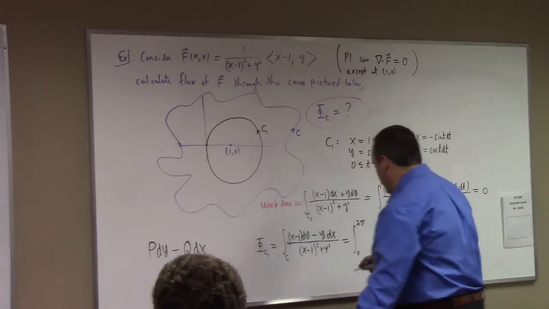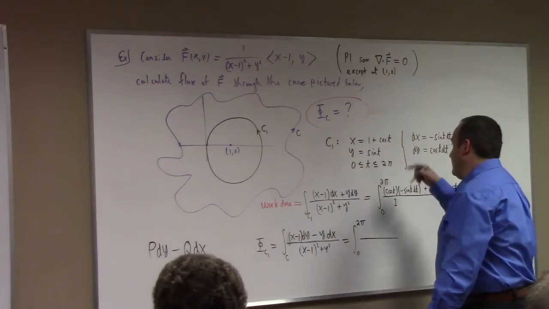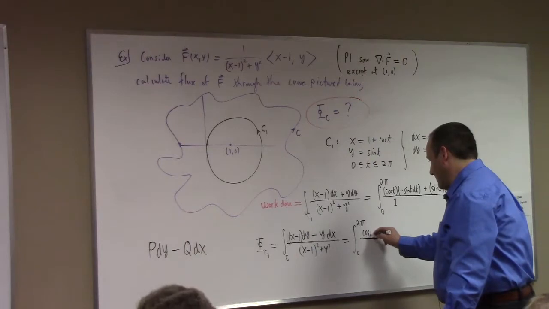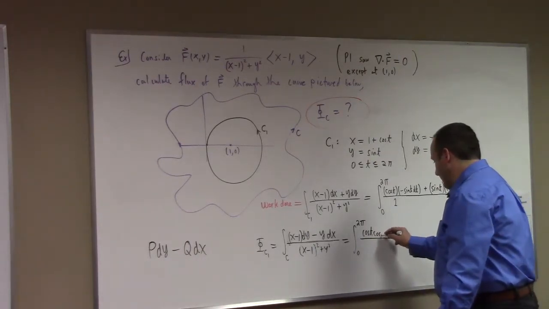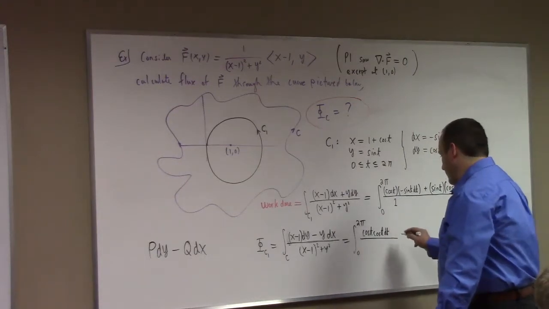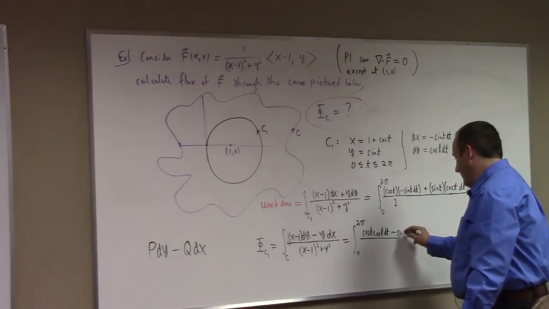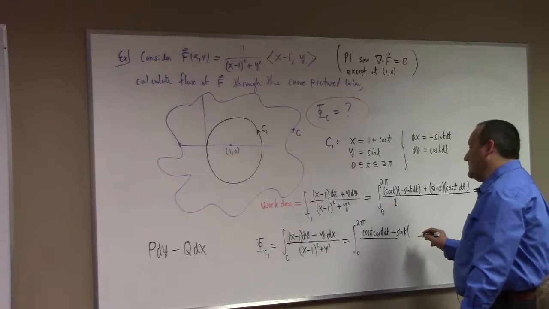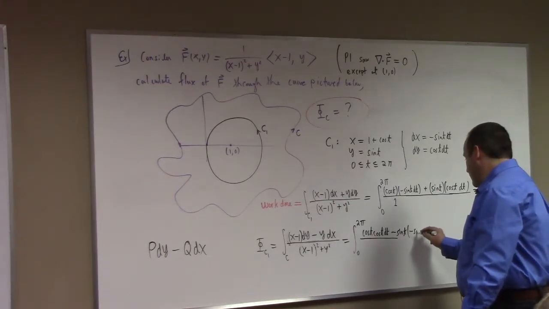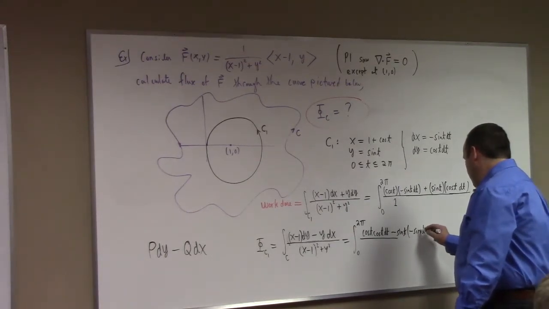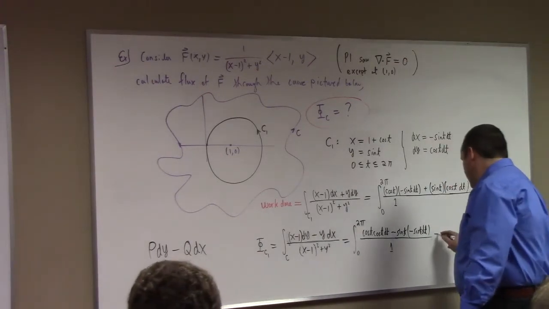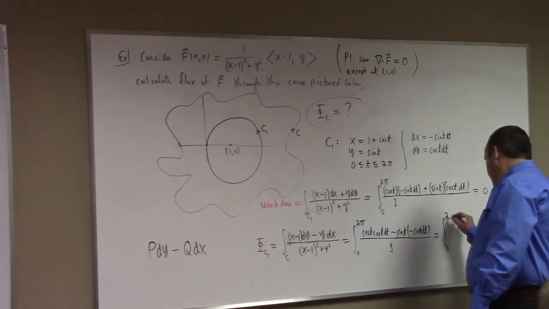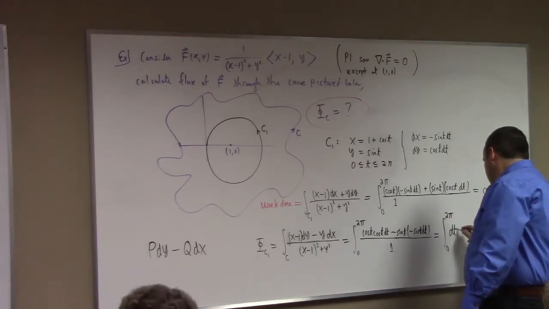Now, what is that? X minus 1 is cosine t, dy is cosine t dt, minus y, which was sine t, and dx, which is minus sine t dt. And of course, divided by 1. So what do we have? We've got the integral from 0 to 2 pi of dt, also known as 2 pi.